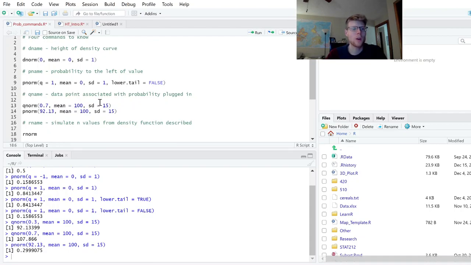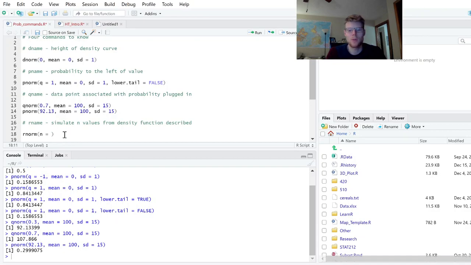All right, so rnorm is another command that I can use, but this one's going to be a little bit different now because this is going to actually produce a random set of values from the distribution that I describe. So the first entry here is going to be n, the number of data values that I want to produce from this particular distribution.